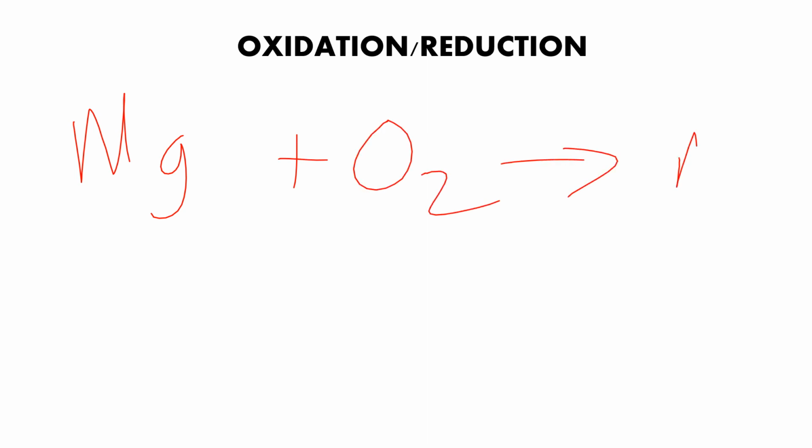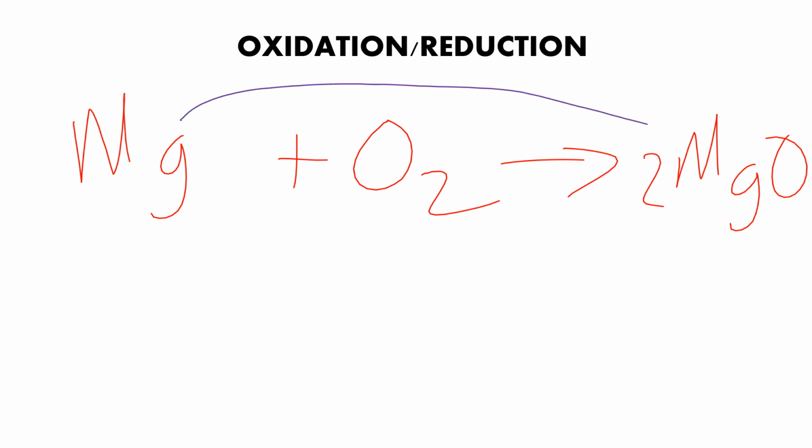Now, it should also be mentioned that whenever you have oxidation, you'll always have reduction. So for this reaction that we started out with, magnesium plus oxygen to give magnesium oxide, there is both an oxidation step, the magnesium gets oxidized, and the oxygen gets reduced.